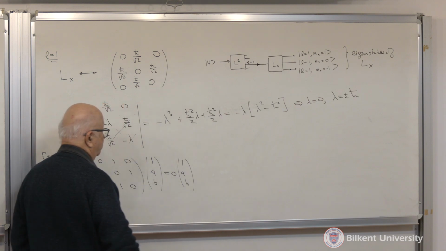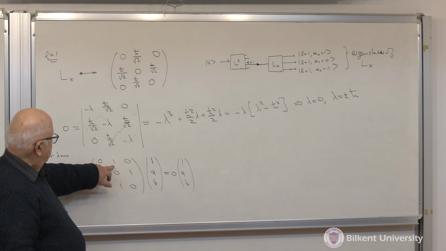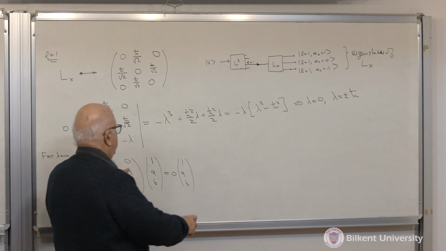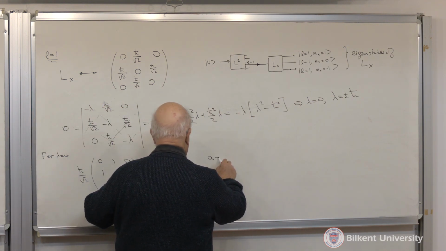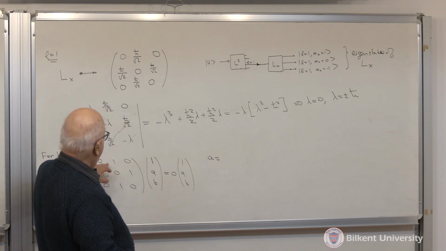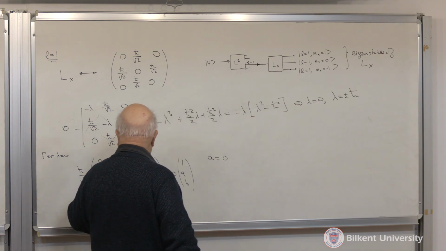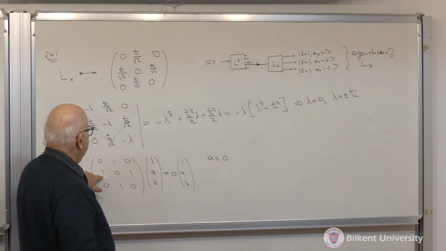The first line tells me A is equal to 0, 1A is equal to 0. Let's look at the second line.